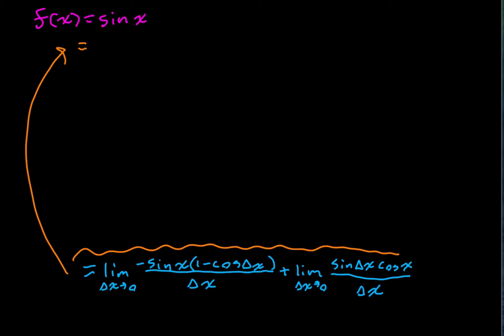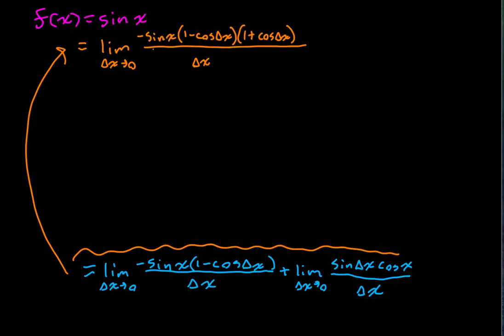what else can we do? Well, I'm going to do something interesting. I'm going to say that this is equal to the limit as delta x goes to 0 of negative sine of x times 1 minus cosine of delta x times 1 plus cosine of delta x, divided by delta x times 1 plus cosine of delta x.